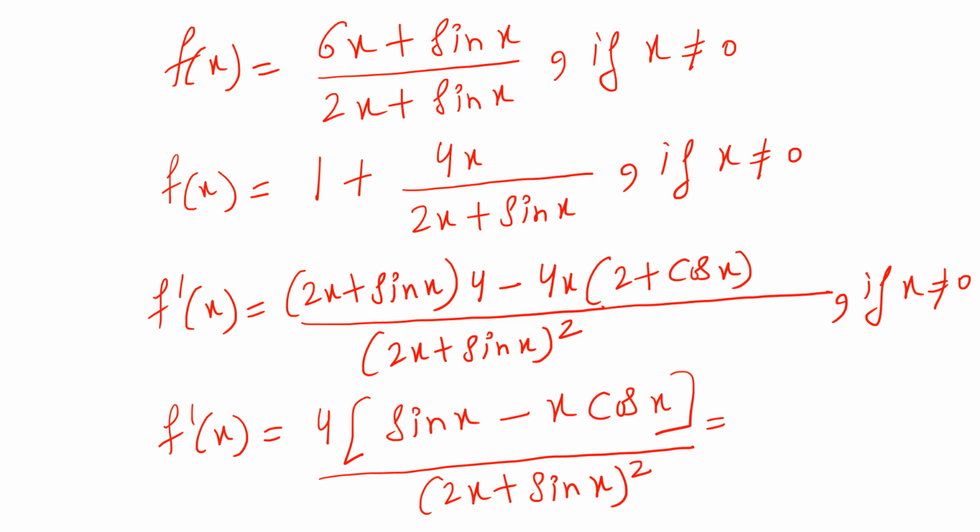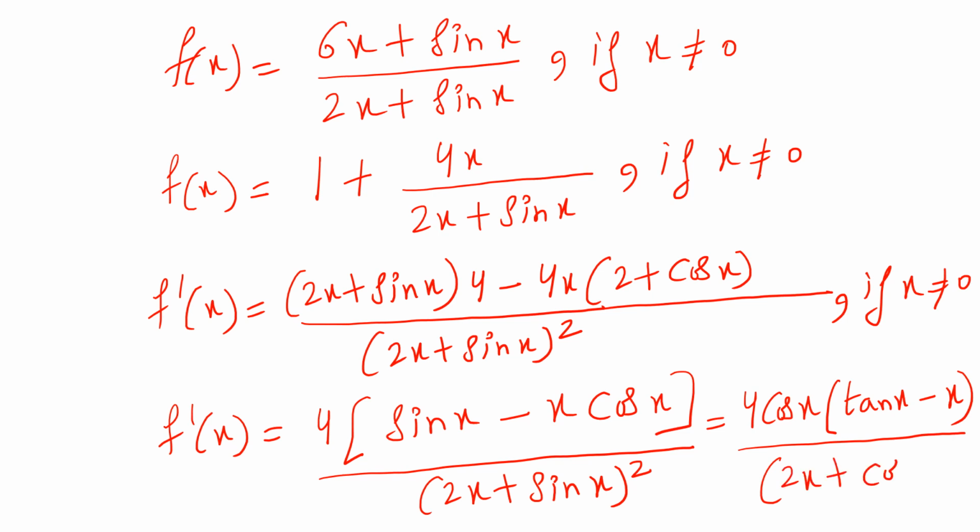Now students, when we take out cos x common from the numerator, it becomes 4 cos x into inside the bracket tan x minus x. And in the denominator it is (2x plus sin x) whole square.